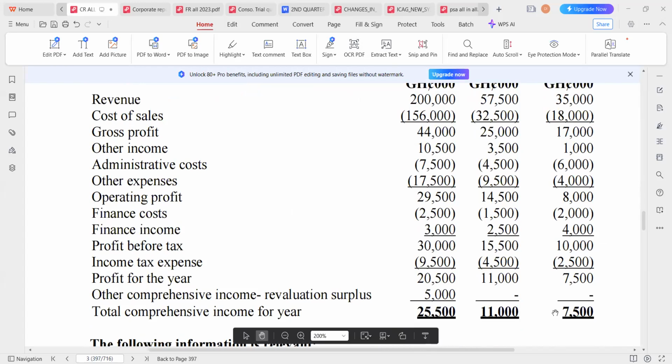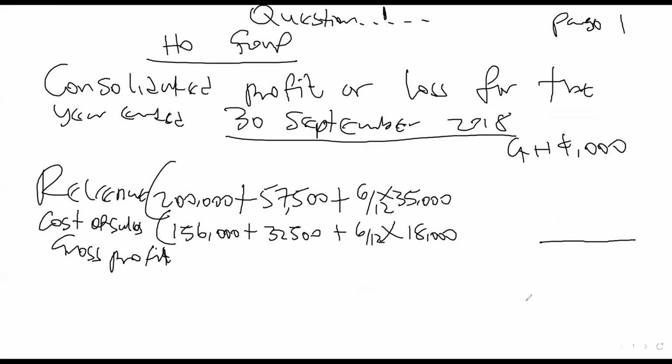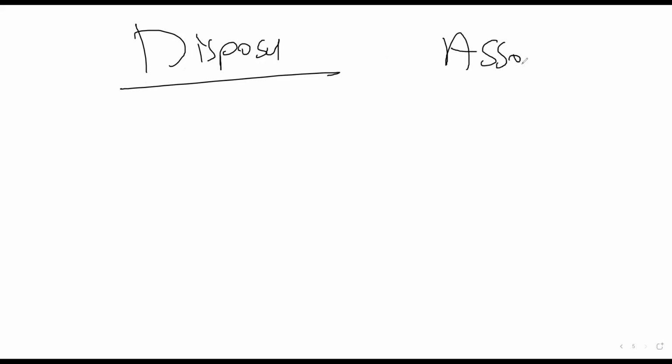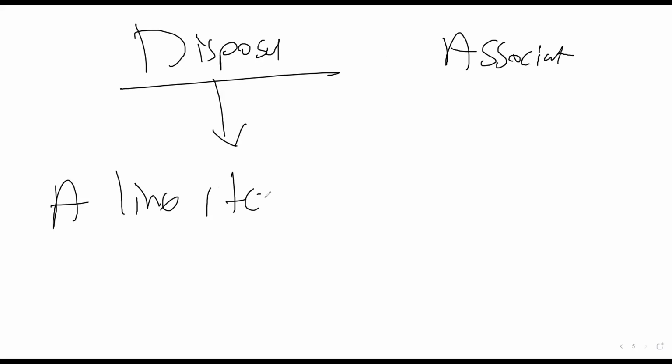Because there's an associate and a disposal in this question, remember that when there's a disposal in the question, and there's an associate in the question, disposal requires a line item in the P&L to record the profit or loss on disposal.